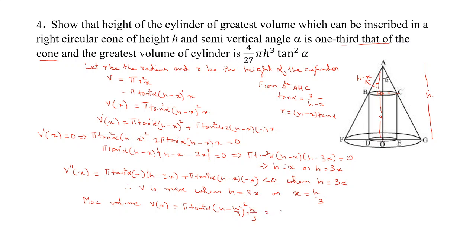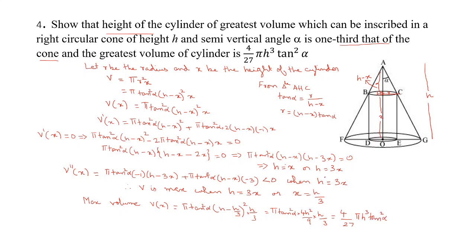So this will come as pi tan square alpha, so h minus h by 3, that is 2h by 3, the whole square. So it will become 4h square by 9 into h by 3. So it will become 4 by 27 pi h cube tan square alpha.